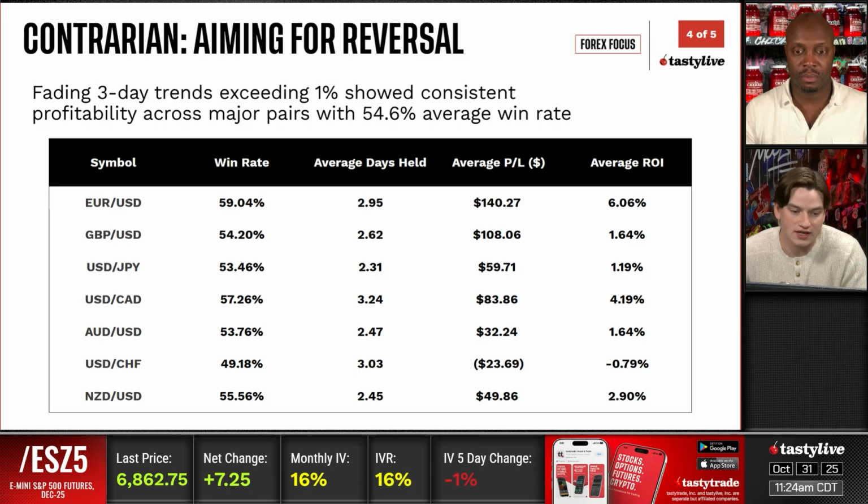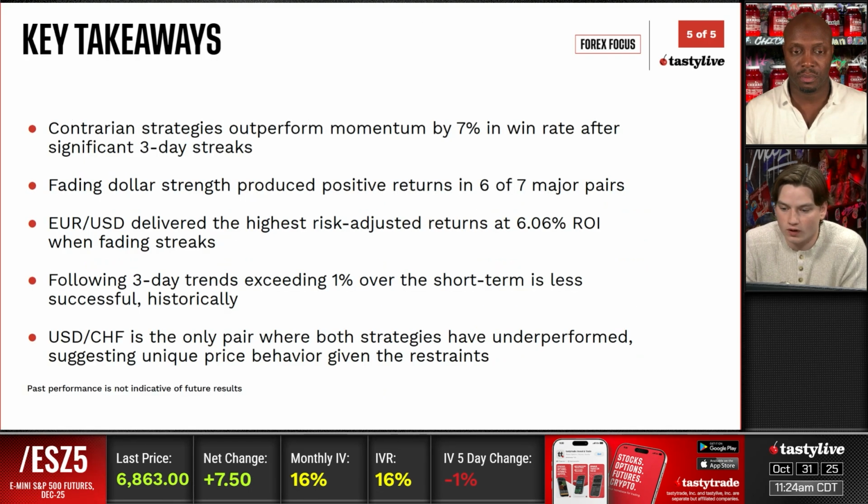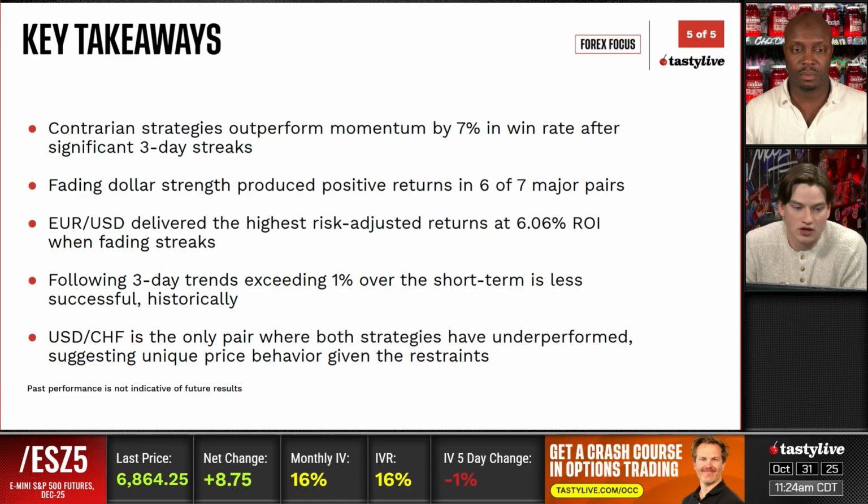But going to the key takeaways, this is pretty cut and dry for these trading criteria and this study in particular. If we can go to the next slide for key takeaways. In this study, contrarian strategies have outperformed, in either direction, to dollar strength or to dollar weakness.